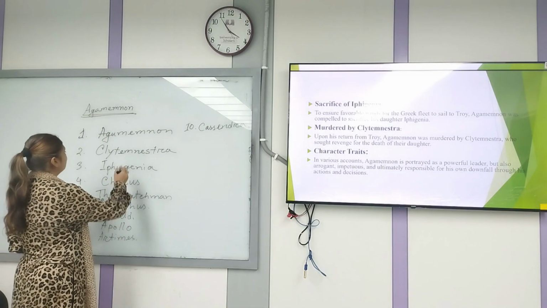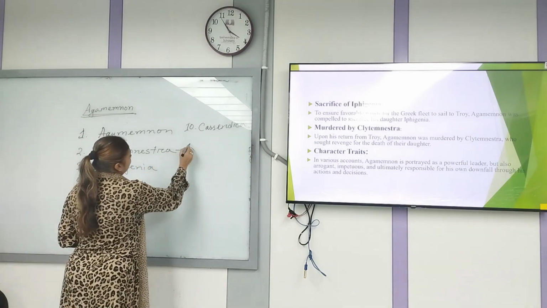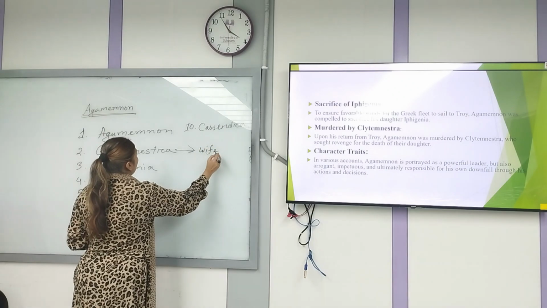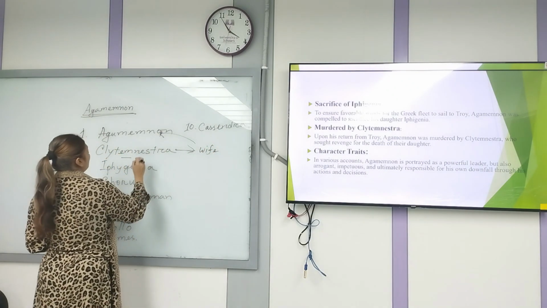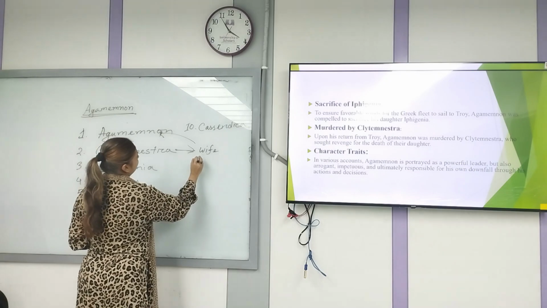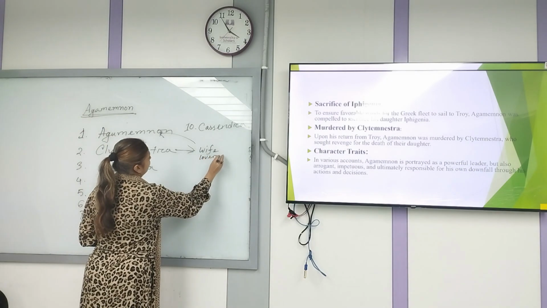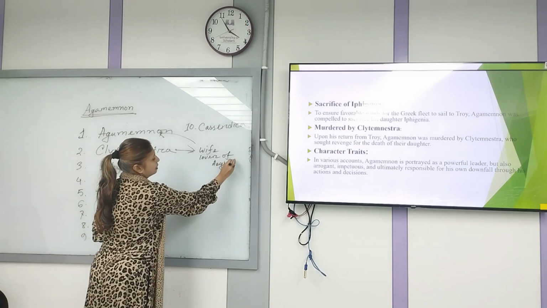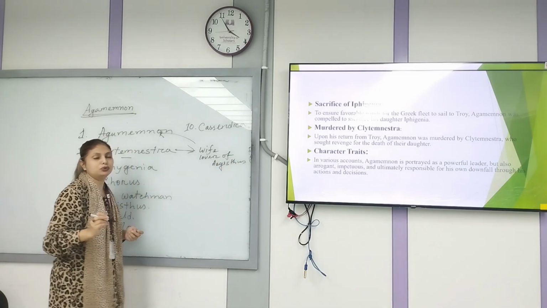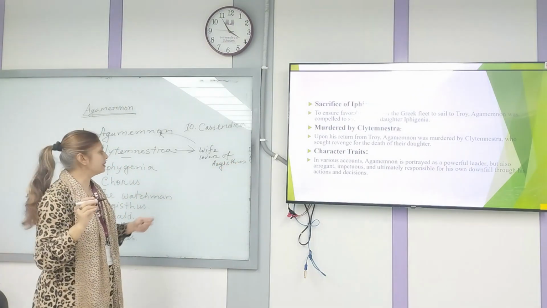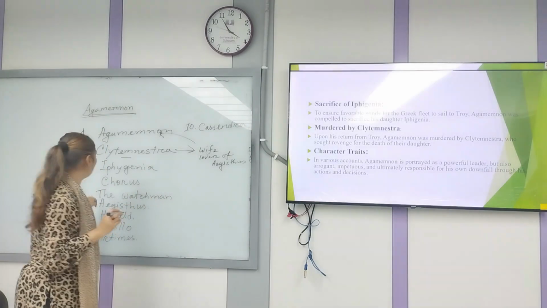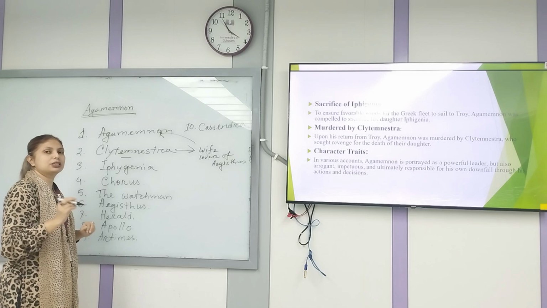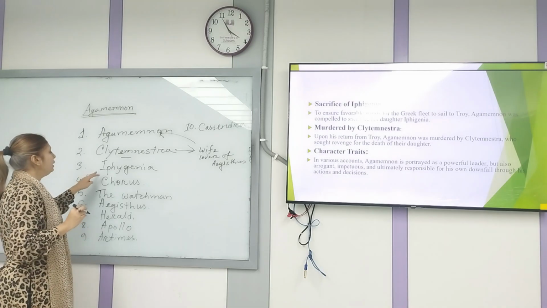Now the character Clytemnestra. We know Clytemnestra was the wife of Agamemnon and the lover of Aegisthus. Aegisthus was the cousin of Agamemnon and the son of Thyestes. Thyestes was the uncle of Agamemnon.